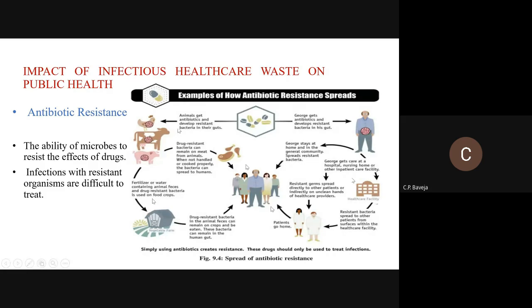So drug resistant bacteria in the animal feces can remain on the crops, and the crops are eaten, and these bacteria can remain in the human gut. Again, it goes to the human gut. So this is the spread of antibiotic resistance, and how infectious healthcare waste impacts public health.